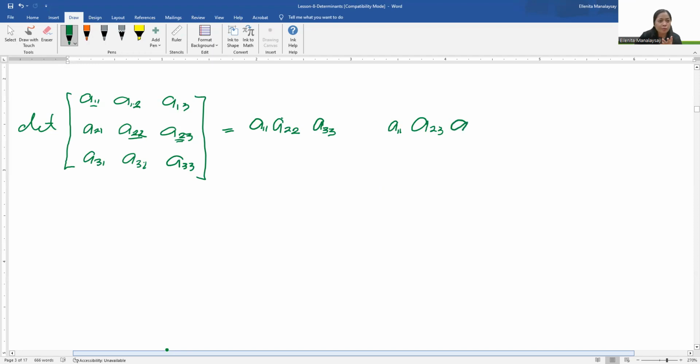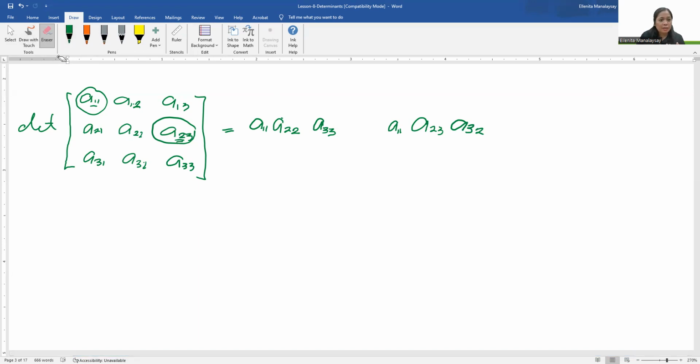Kung kinuha na natin si A11, tapos kinuha na natin si A23, sa third row, hindi na po pwede sa first column, hindi na rin po pwede sa third column. So, no choice tayo kundi kuhanin si A32. Okay, next.